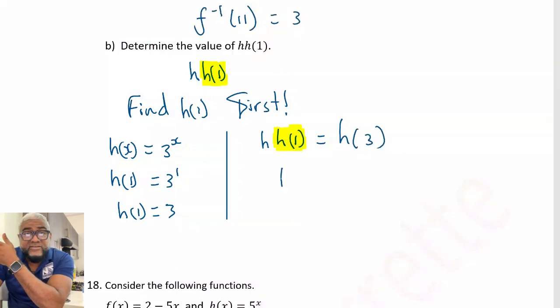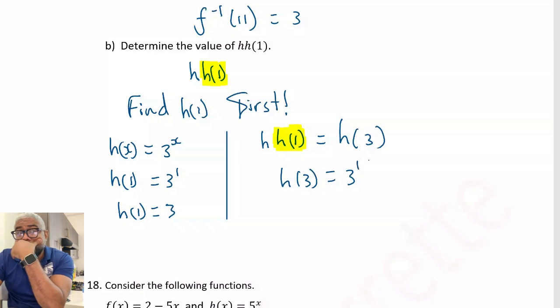Look how easy this question gets. Rishana, h of x is 3 to the x power, right? So this will be 3 to the what power? I want to find h of 3, right? Anytime I ask you for h of something, f of something, g of something, the number or the expression that's in the bracket is what replaces x.